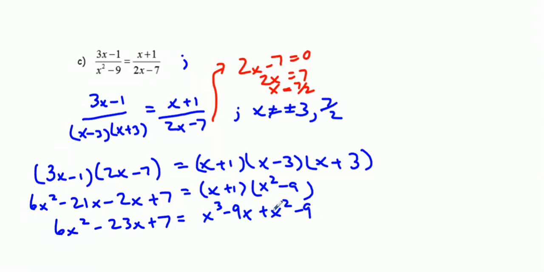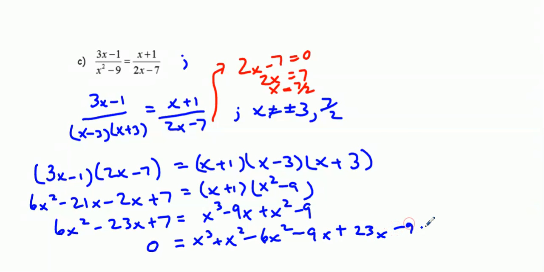So let's see, the x³ is positive on this side, so let's move everything to the right. So I'm going to end up with 0 over here, and I'm going to end up with x³. I'll gather up the terms here, so let's put plus x² there, and let's put minus x² here from over here. And now if I gather up my x's here, I've got a minus 9x, and when I move this one over, it's positive 23x, and then I've got minus 9 and minus 7.